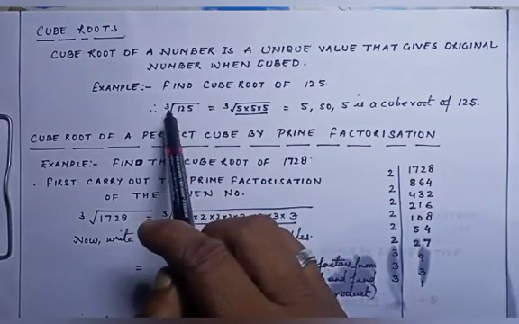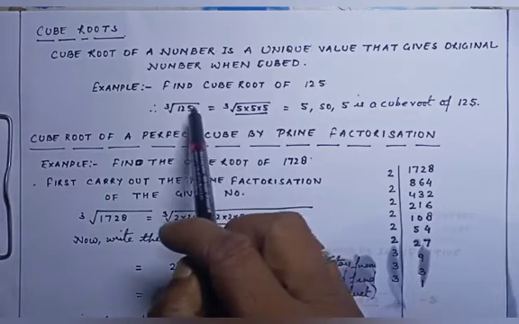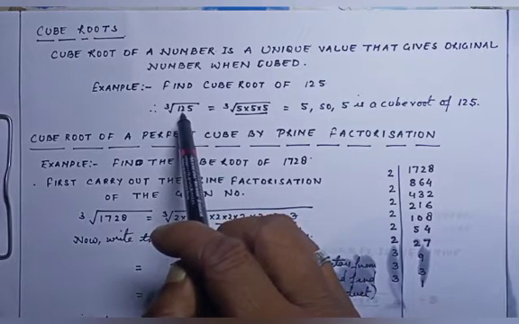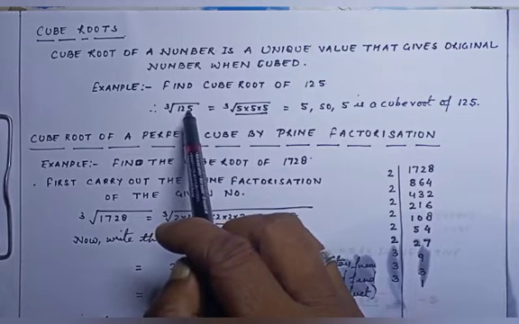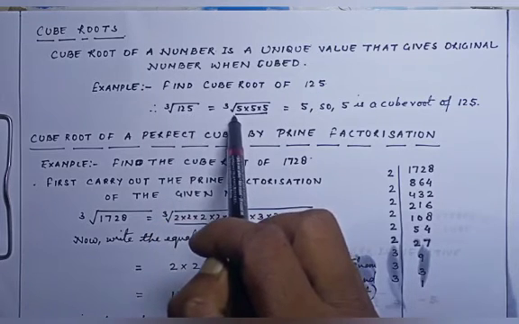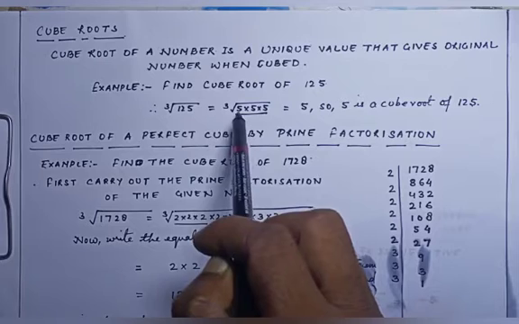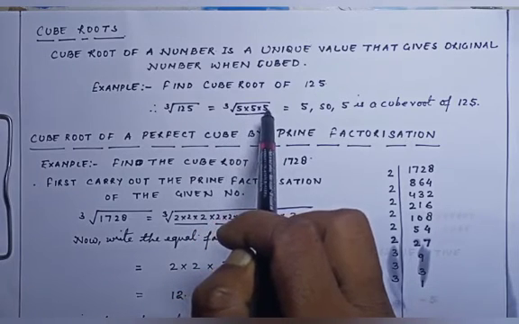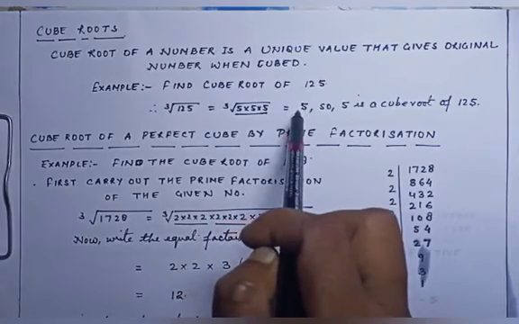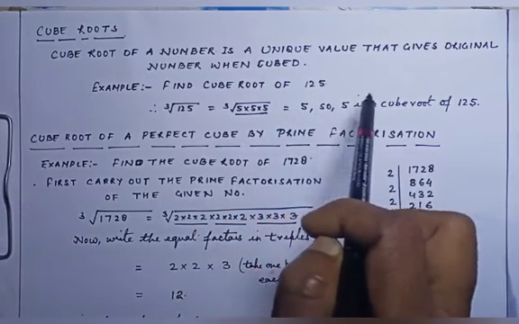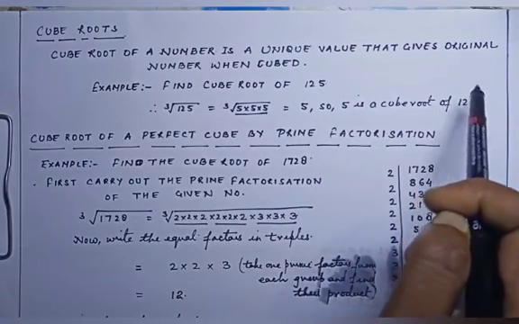Again we are going to do the same procedure: find the prime factors of 125. The prime factors of 125 can be expressed as 5 into 5 into 5. After finding the prime factors, we have to form the product of triples. So 5 is the cube root of 125.